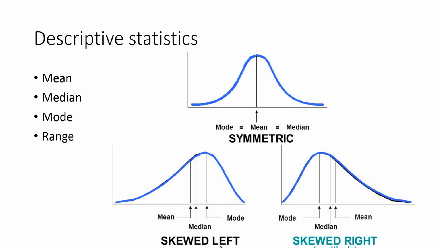In the case where you have a symmetrical distribution, where there is some true mean and everything deviates a bit, evenly on the high and the low, the mode, the mean, and the median all tell you a very similar story.